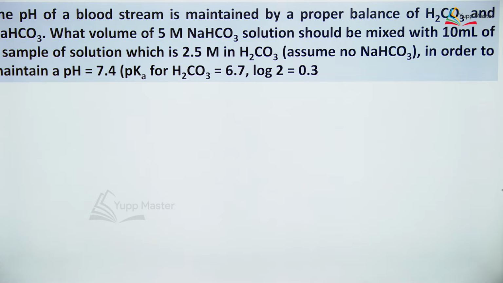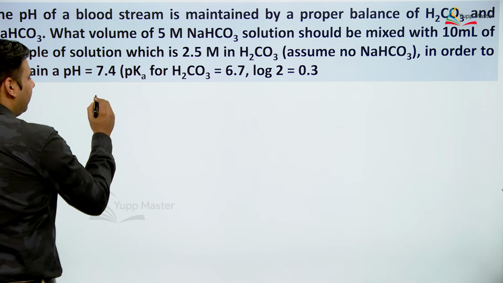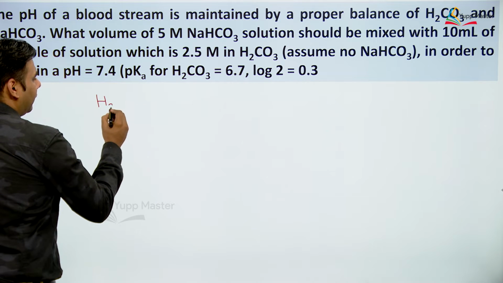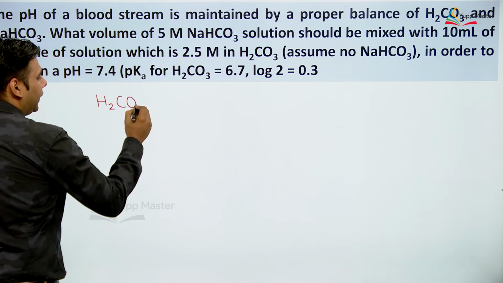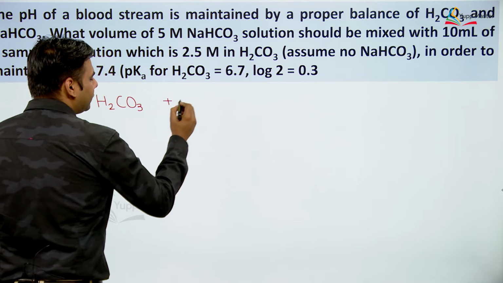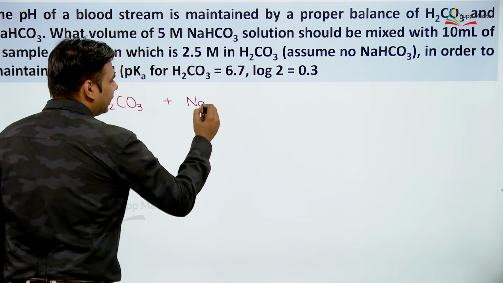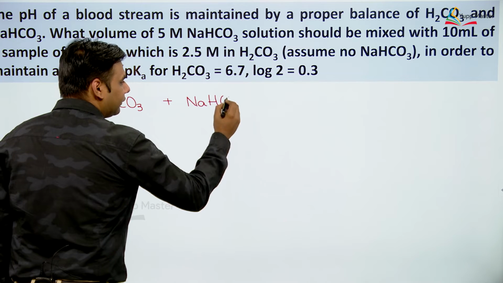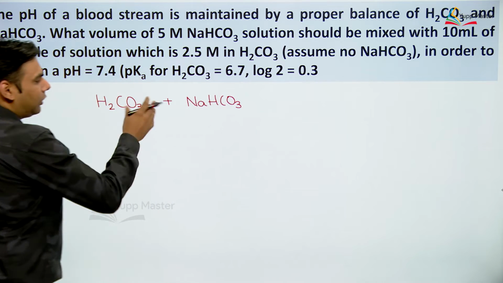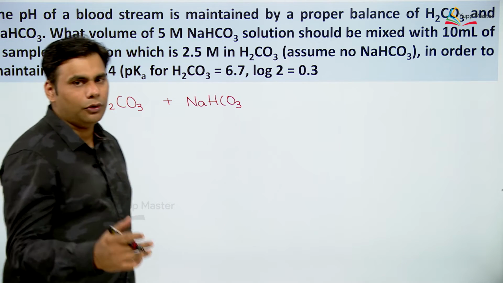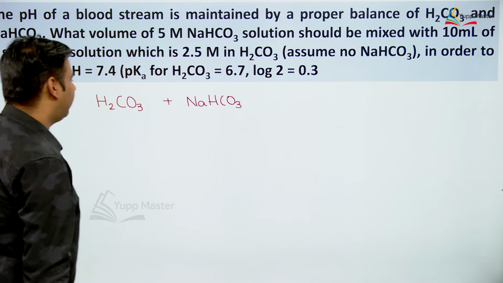Okay. So basically we know that blood is having a buffer of H2CO3 and NaHCO3, right. Yesterday we also developed a very good understanding of how diprotic substances act as a buffer solution.